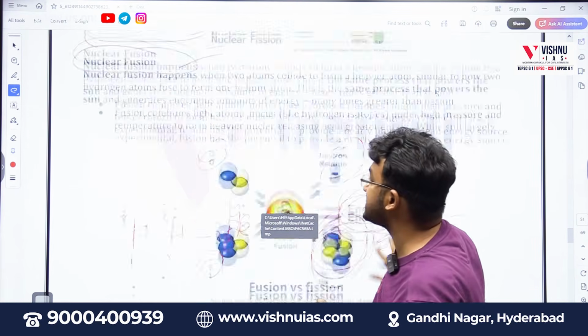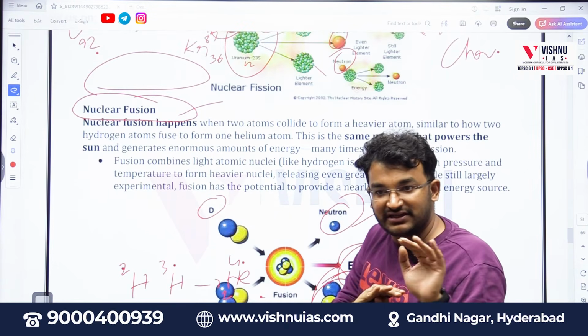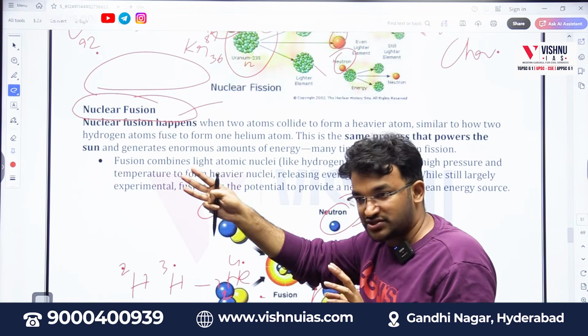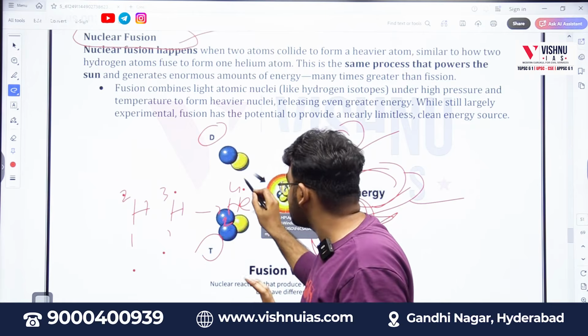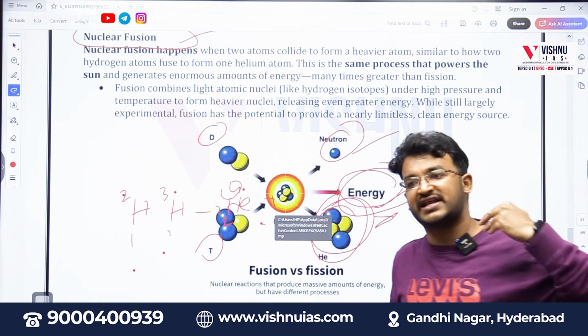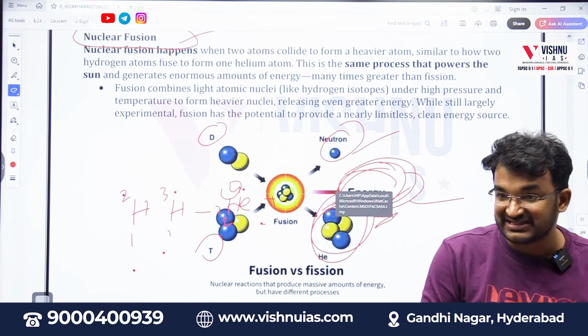In the earlier case, if you calculate the atomic numbers, we know that a reaction must be balanced. There 3 neutrons were coming. Here we are getting only 1 neutron, because here helium 2, 4 and 1 neutron will be obtained along with energy. This is also an exothermic reaction. Since it is exothermic, we are getting energy.